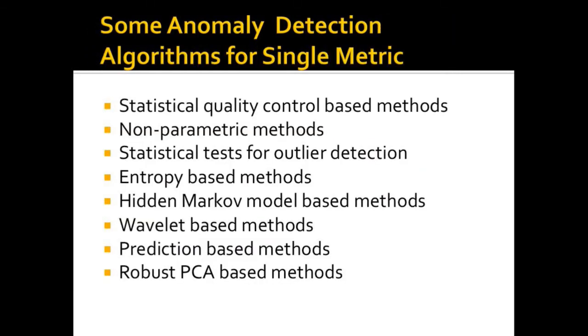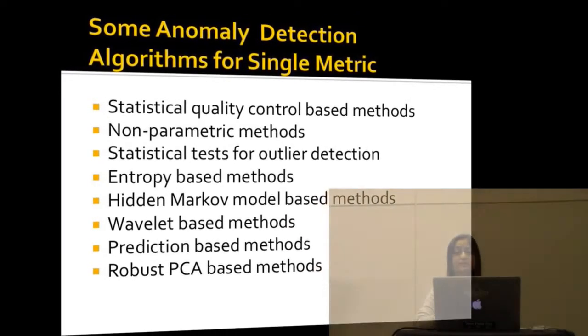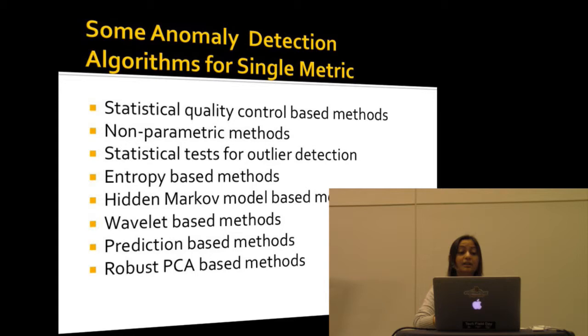The method that I just mentioned falls in the category of statistical quality control-based methods. Now, you can well imagine, since there is such a diverse set of metric data available out there, there is a diverse set of methods available out there for anomaly detection.